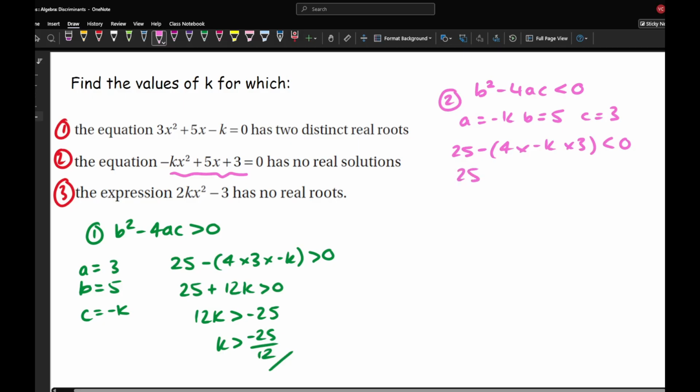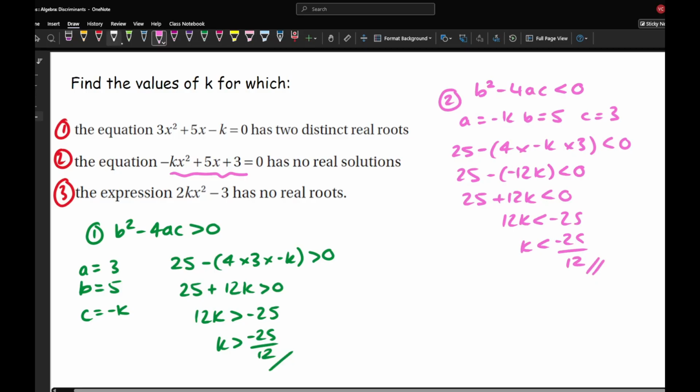So that equals 25 plus 12k is less than 0. 12k is less than minus 25, giving me a final answer of k is less than minus 25 over 12.